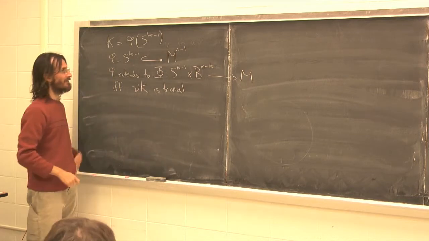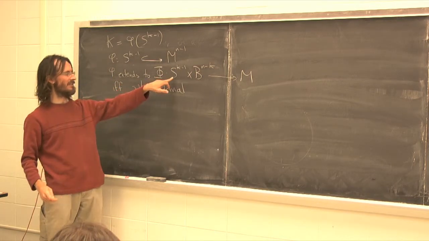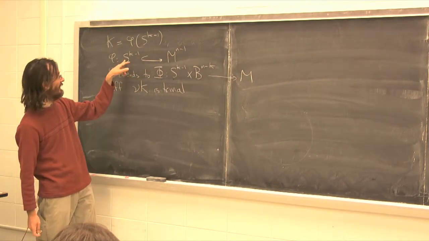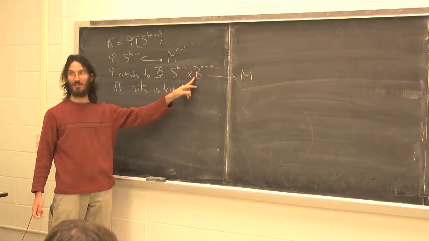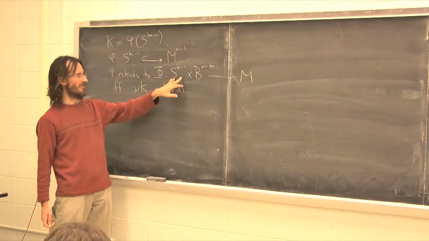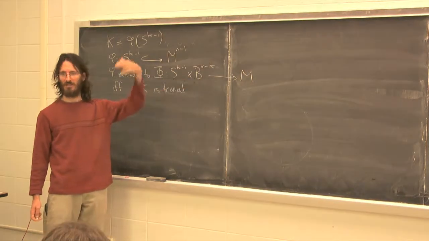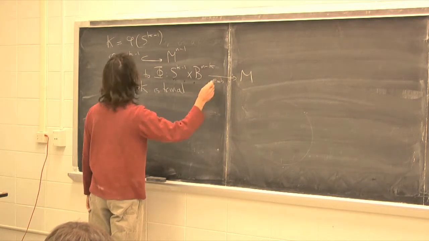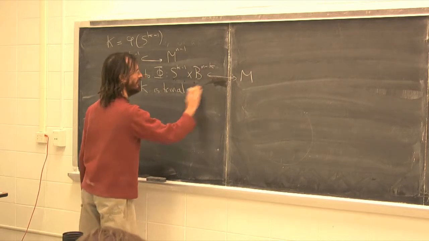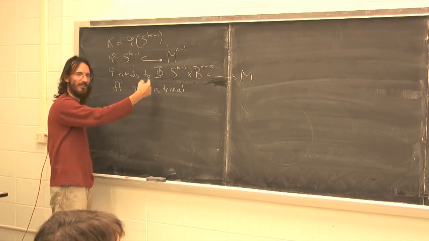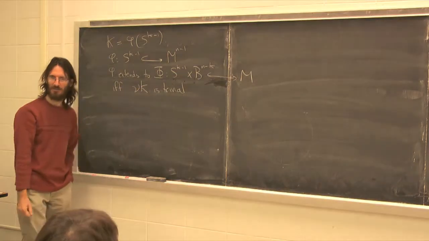So one direction is obvious. If this extends, then S^(k-1) is sitting inside here as S^(k-1) cross 0, and because this is an embedding, it has trivial normal bundle. The other direction, knowing that the normal bundle is trivial, means you can extend, and that is the tubular neighborhood theorem.